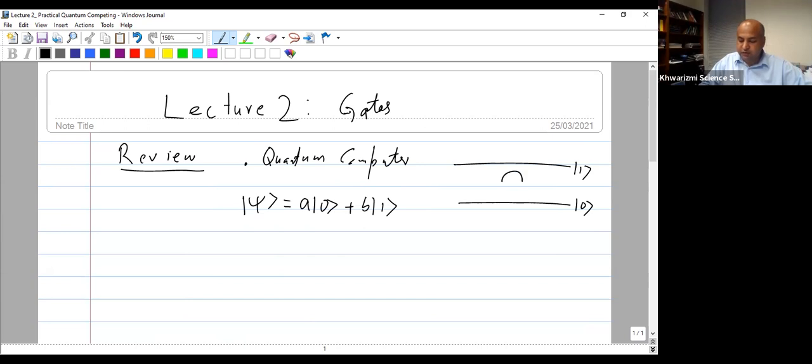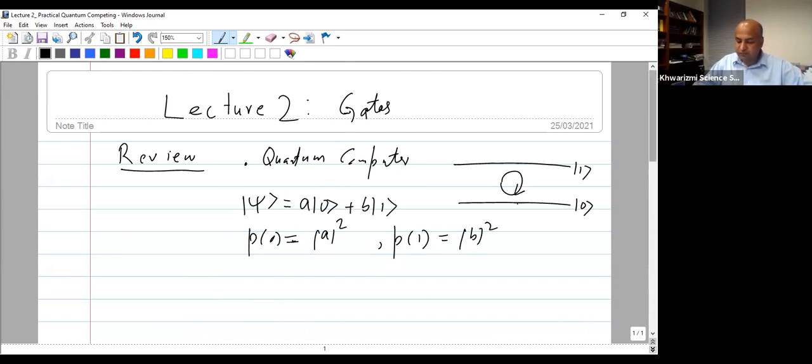So in general, our system is going to be in either the 0 state or the 1 state, or a superposition of these two states. When a system is in a superposition state and we measure it, it's going to be found in either the 0 state or the 1 state, with the probability of being found in the 0 state being the modulus square of a, where a is a complex number, and the probability of measuring the 1 state being the modulus square of b.